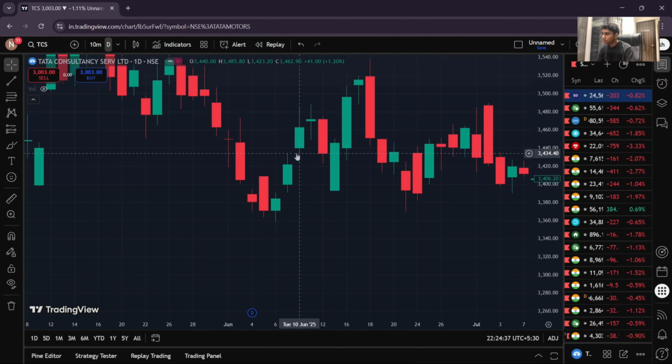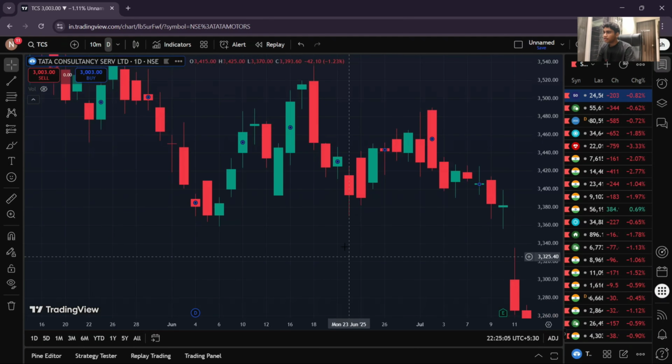Yes, correct. Low is 3390. Has it made a low of 3390? Yes, see. So the price shown over here and in the candle is the same. This is how the candle is depicted.